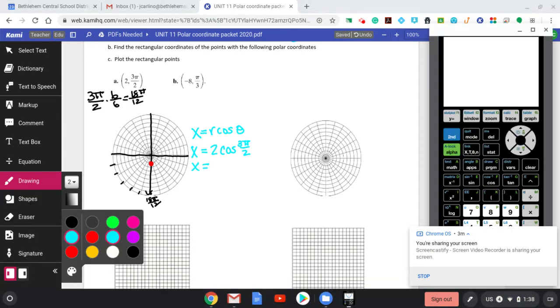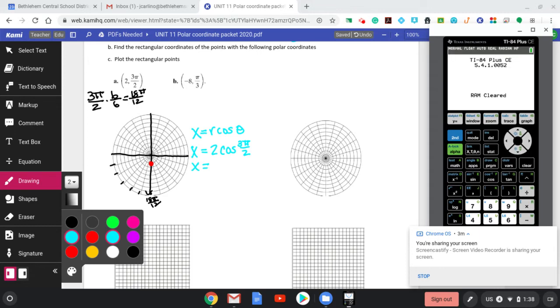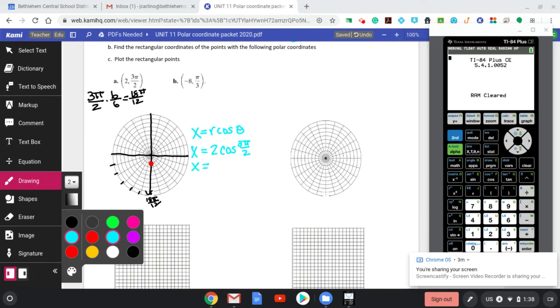Notice this angle, 3 pi over 2. What type of units is that? Is that radians or degrees? That's radians, right? So if I'm going to type all this in my calculator, it better be in radian mode, okay? Or you can convert 3 pi over 2 to degrees, but just make sure you're in degree mode. Whatever floats your boat here, just make sure your calculator's in the right darn mode.